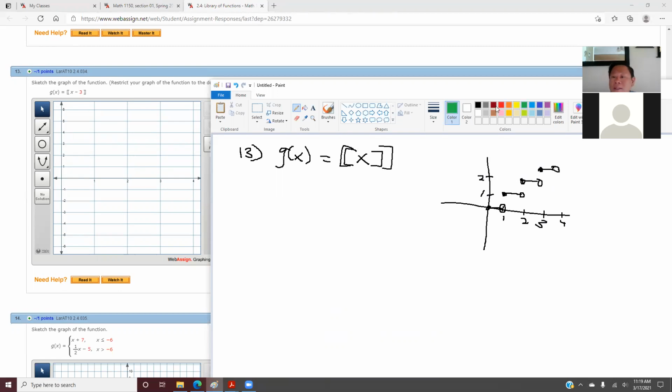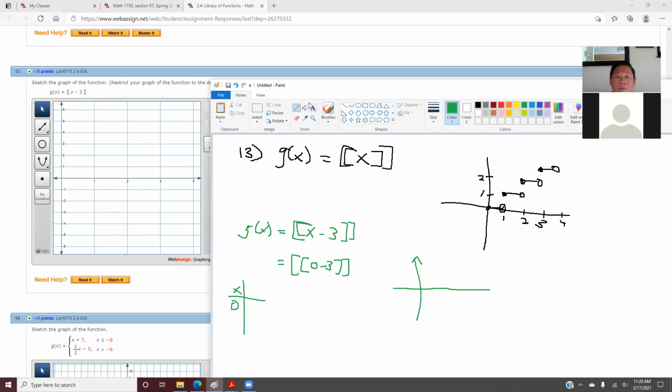So what we have in this case is g of x equals the greatest integer of x, minus 3. Now you can always use substitution. You can plug in numbers. If you look at this, we can plug in 0. So when you plug in x to become 0, you get 0 minus 3.